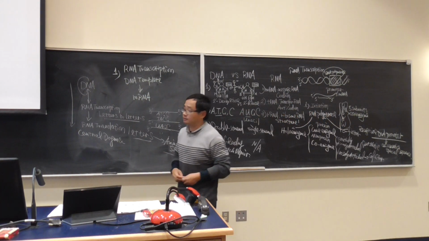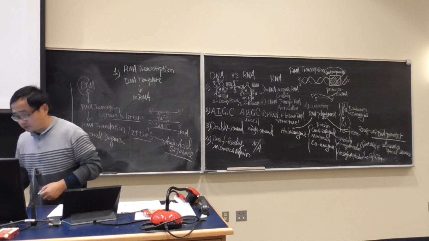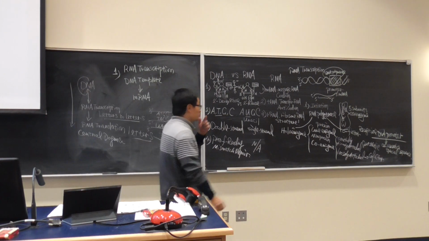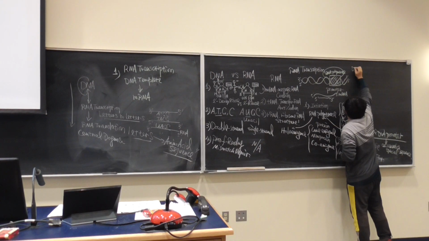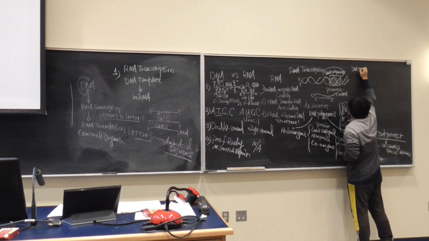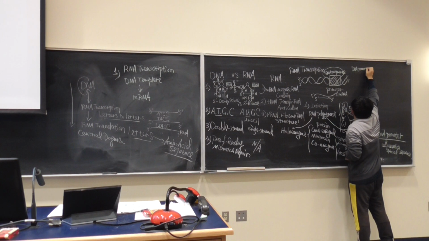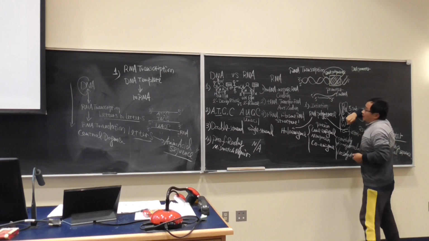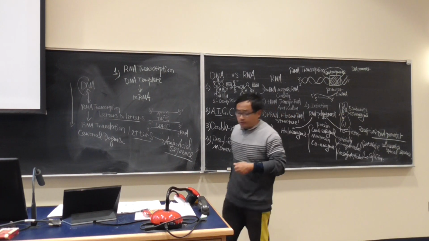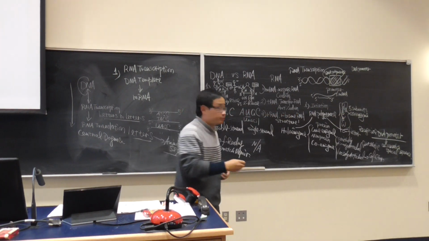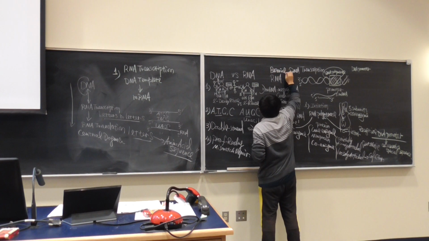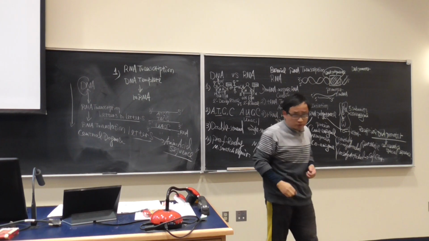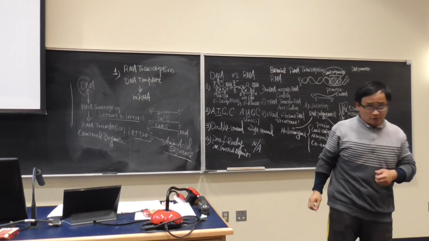Okay, now we want to talk about what is a DNA promoter. Now, by the way, what I'm talking about here is bacteria, is prokaryotes. What you will say, oh, it is different from what you learned in your biochemistry class, because you studied eukaryotes, it's different.